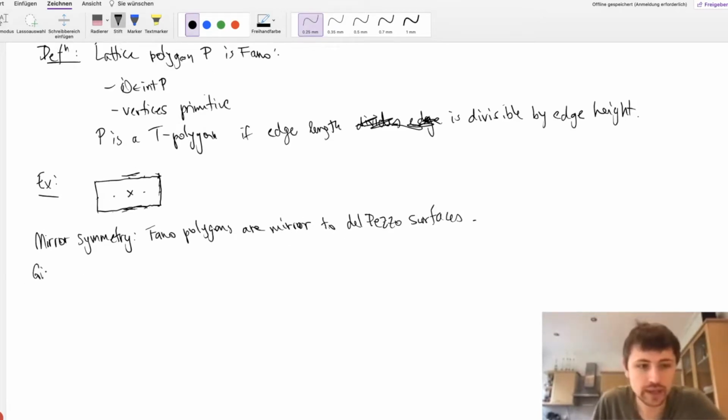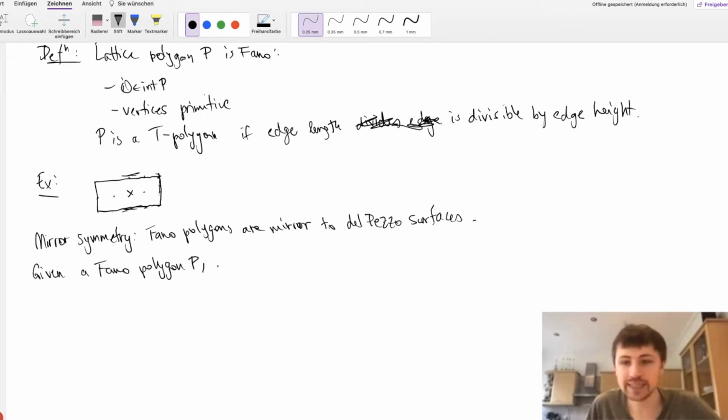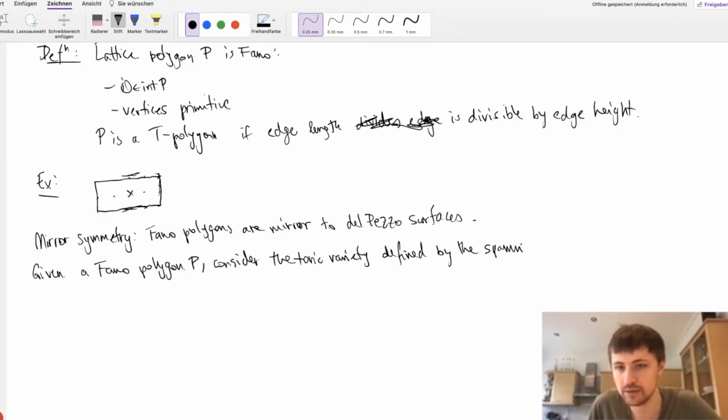Given a Fano polygon P, we construct a toric variety, and it's not the toric variety associated to a polygon that we usually do, where we take the normal fan. It's something different. We take the toric variety defined by the spanning fan of P.